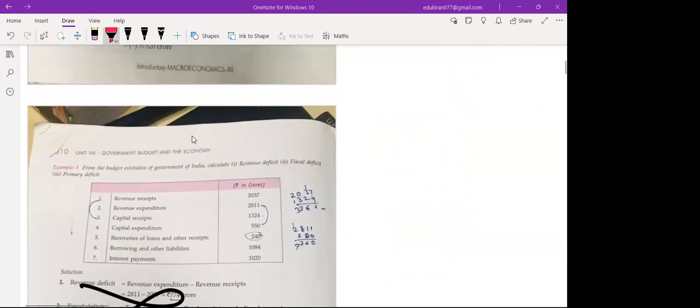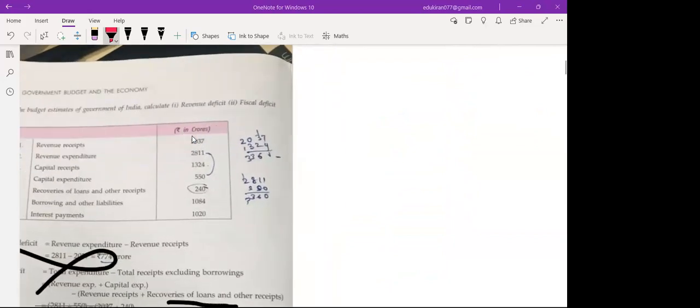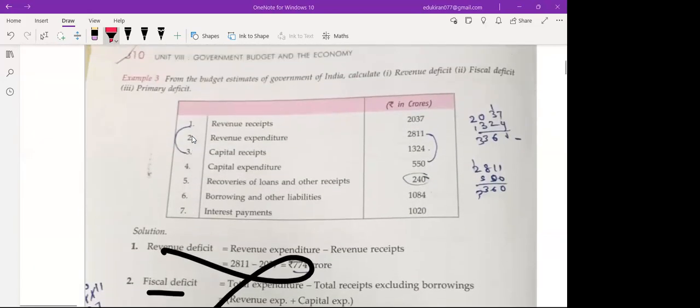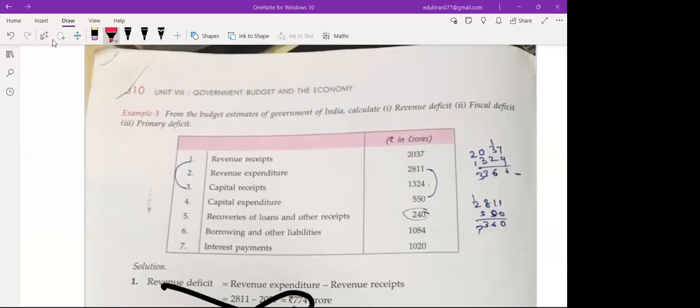Now this one, I'll not tell you anything. You have to calculate revenue deficit, fiscal deficit, and primary deficit.